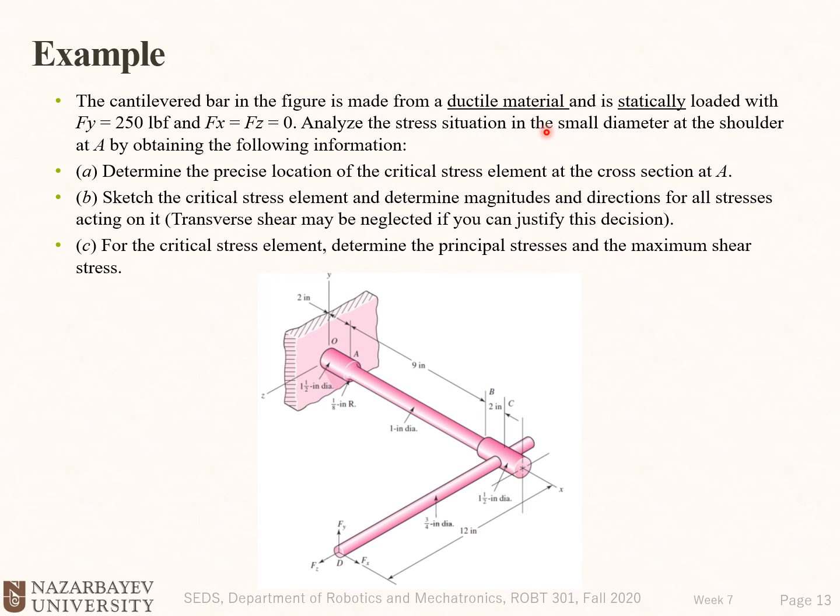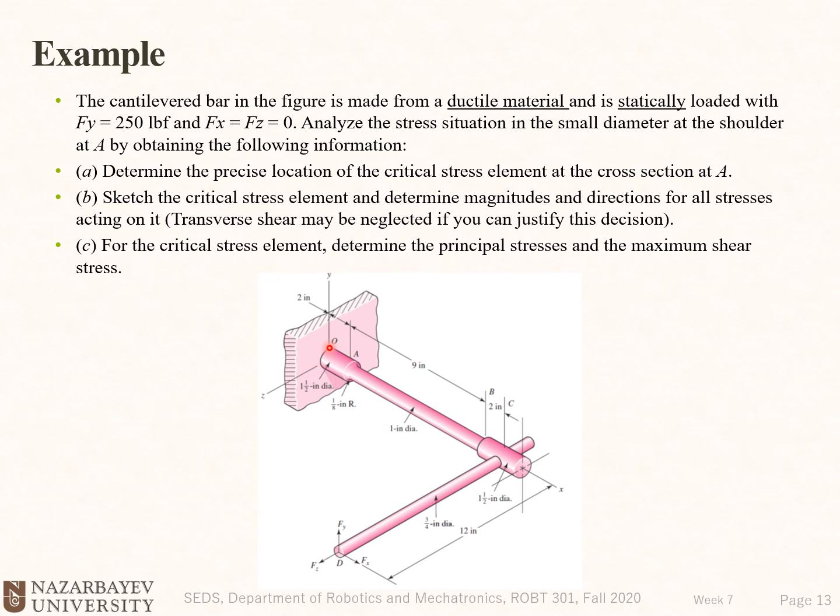Analyze the stress situation in the small diameter at the shoulder at A by obtaining the following information. So here we have a shoulder, and this is point A. Here in this example, we have a hint about where the critical cross section is. Yes, so they are helping us by pointing to point A and saying, look, point A most likely is the critical cross section. But in reality, it's up to us to find the critical cross section.